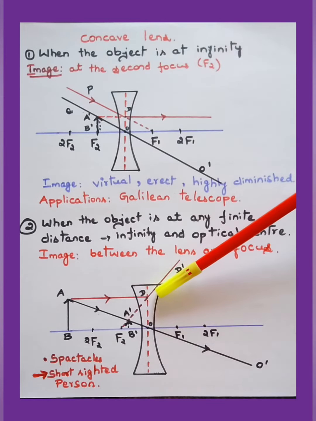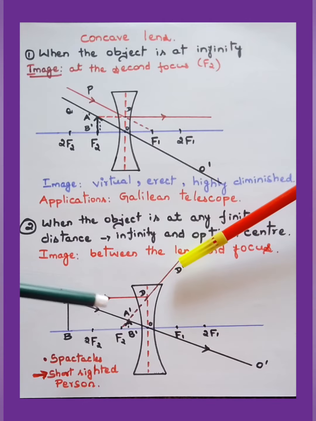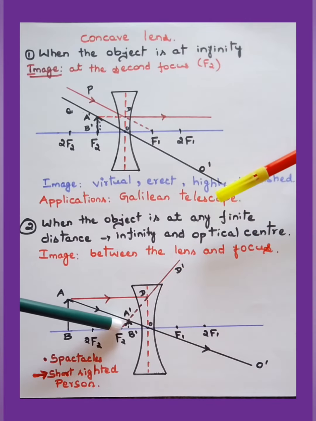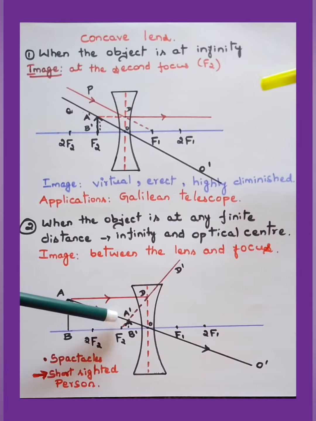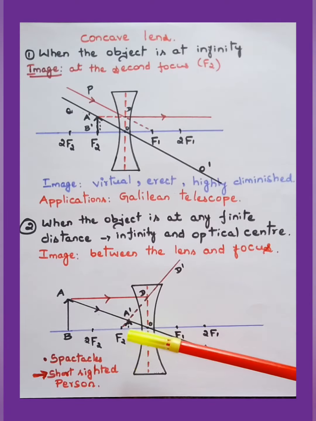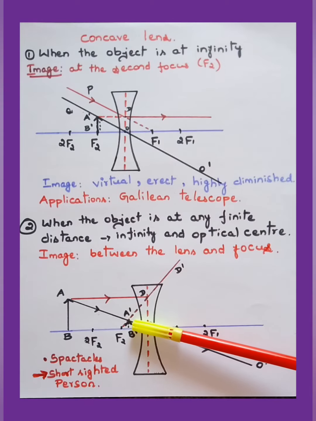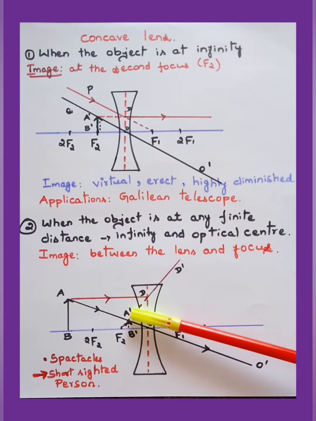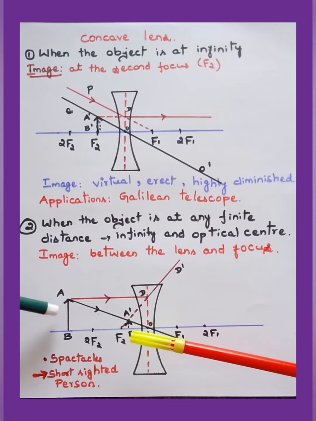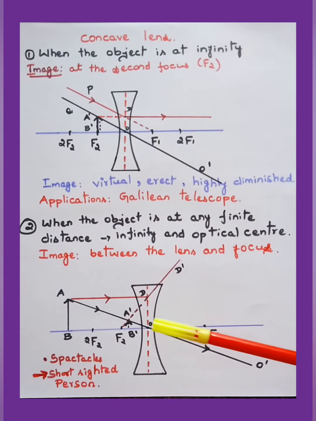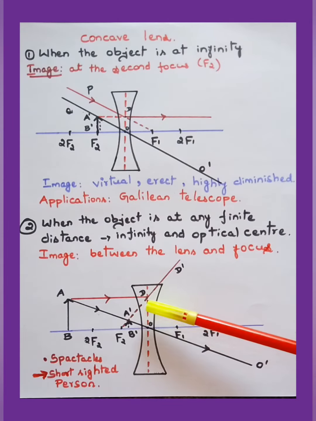Then it has to deviate like this, and produce this line backward, where this backward-produced line meets the line which is passing through the optical center. There the image is formed. Here you can observe a very small image, where these two intersect. A dash and B dash is the image. Here AB is the object. Okay, you can express it as a dotted line.